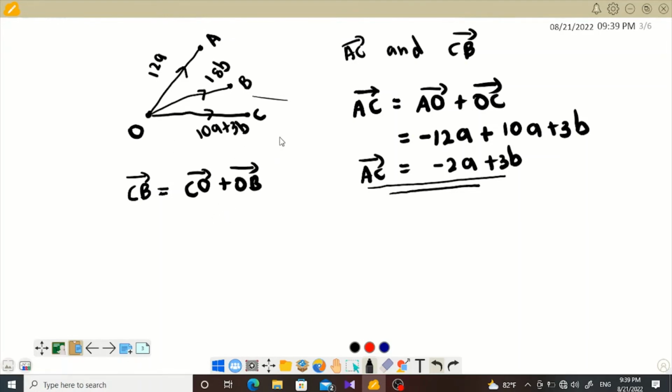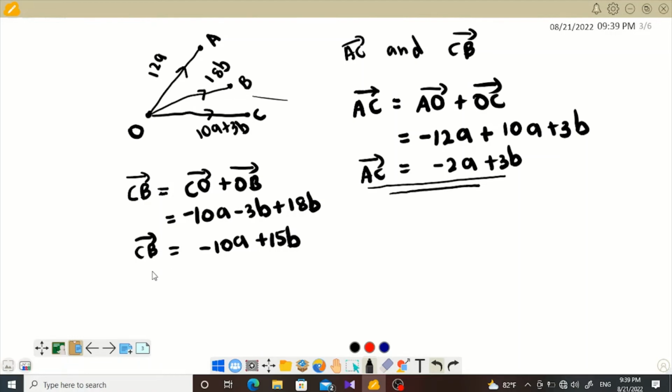I have the OC vector, so I take the negative of it, meaning negative 10a, negative 3b, and the OB vector is 18b. So I get the value as minus 10a plus 15b. Okay, I got the vector form for CB.